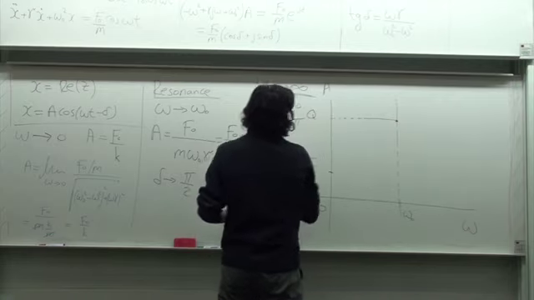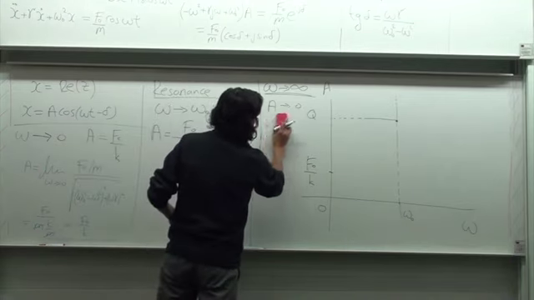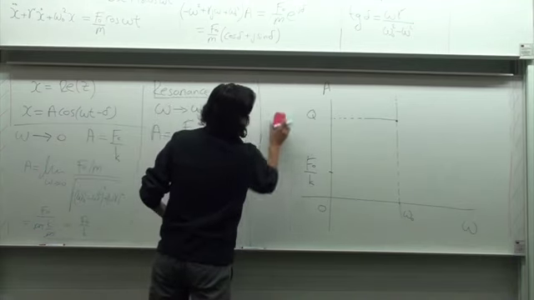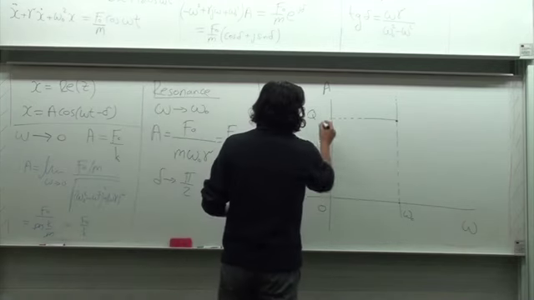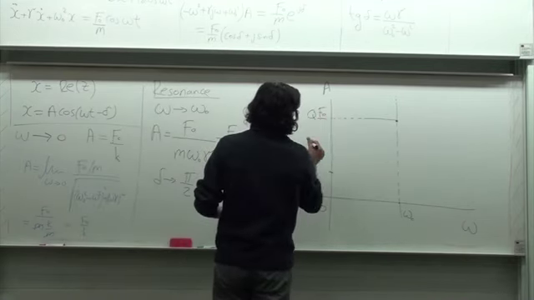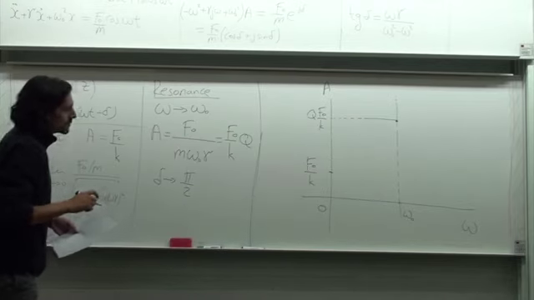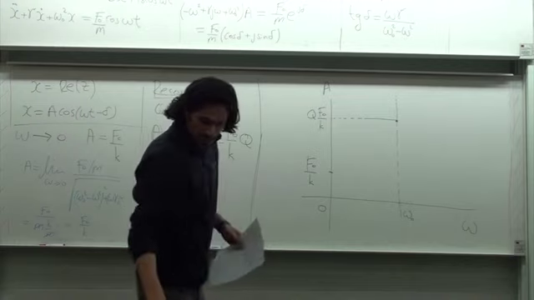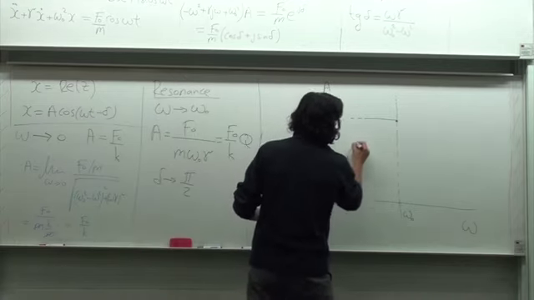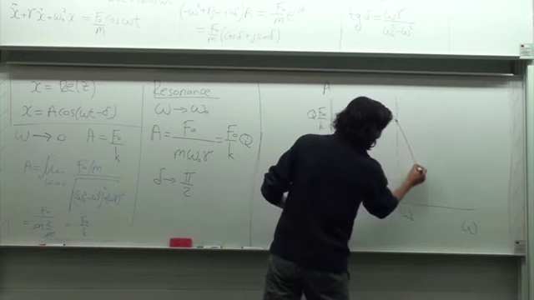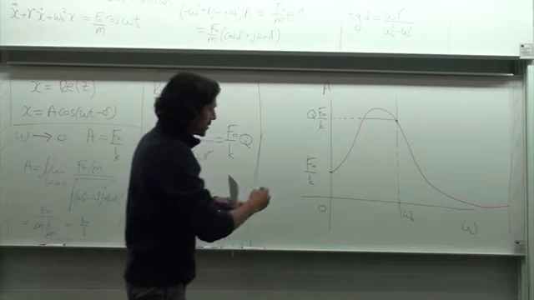some Q. Let me delete this part here, a bit confused. Some Q times f0 over k. And what you would expect to have is something like this. And at a large frequency, it would tend to 0.